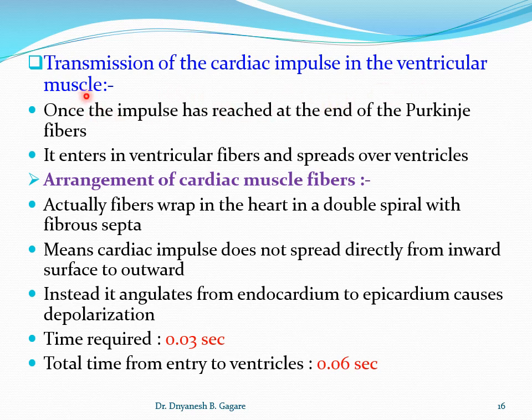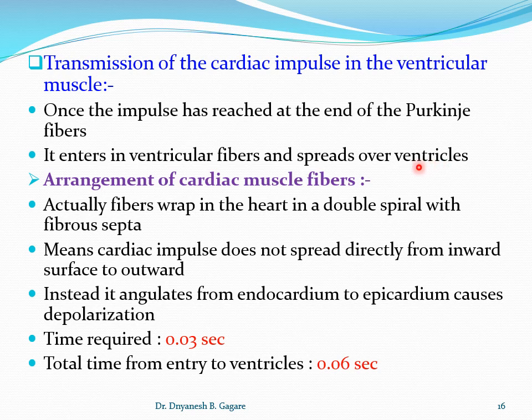Next slide. Now our impulse has reached the ventricular muscle. Students, transmission of the cardiac impulse in ventricular muscle: how does the impulse spread in the ventricular muscle? Again, there is a special arrangement of the ventricular muscle. Once the impulse has reached the end of the Purkinje fiber, it enters the ventricular fiber and spreads over the ventricle.